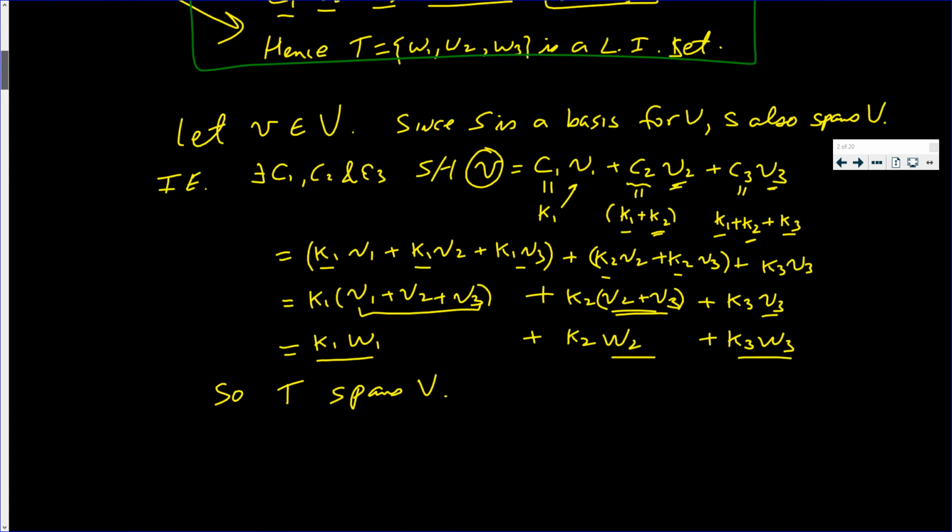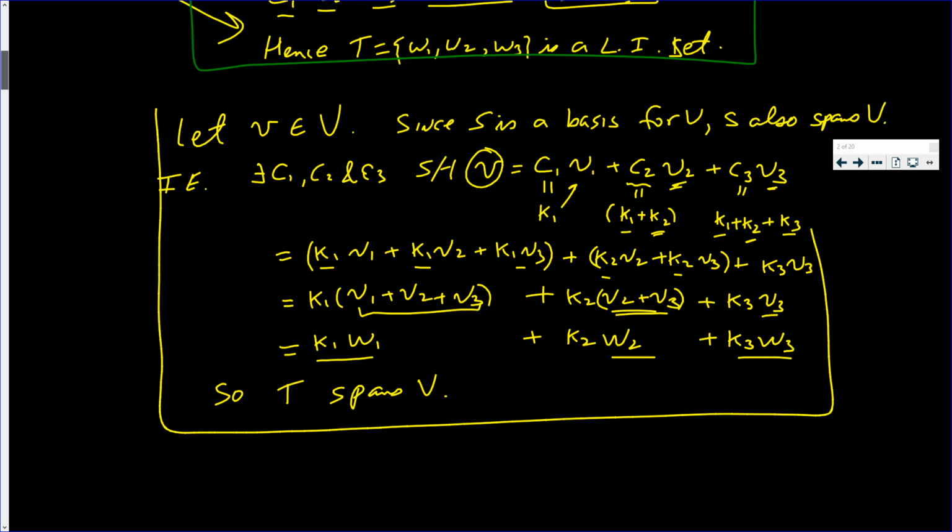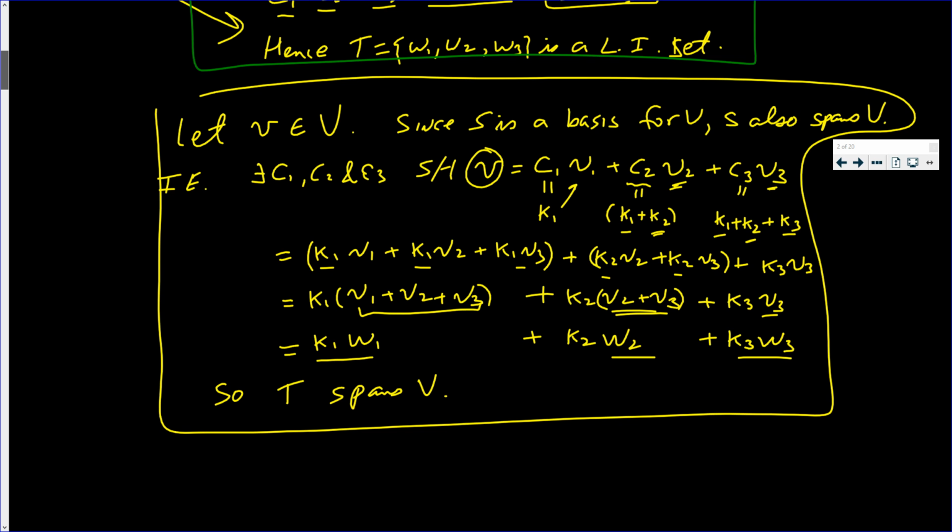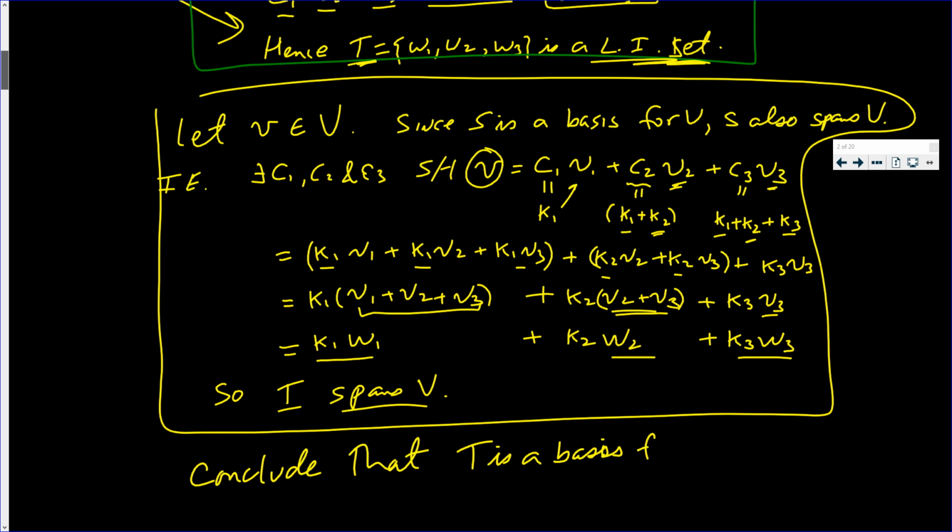So putting these two pieces together, the fact that T spans V and that T is a linearly independent set, we conclude that T is a basis for V by definition. I showed that T is a linearly independent set in V and that T spans V. Hence, T is a basis for V.